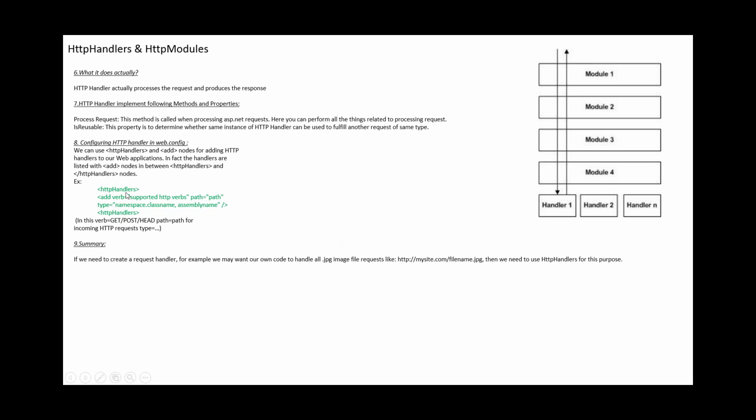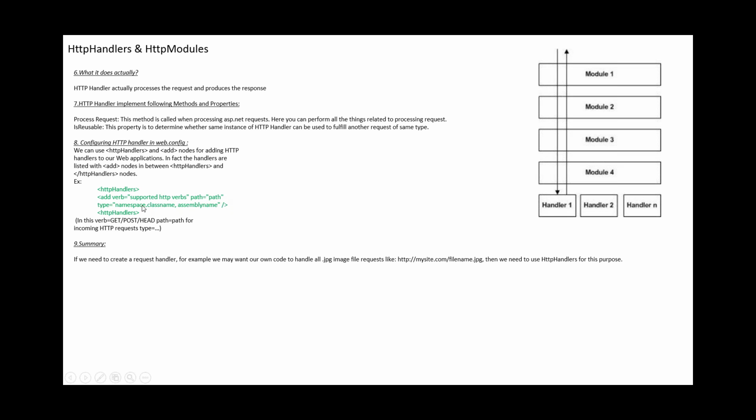You have the httpHandlers section, and add verb. Supported verbs means whatever request you are making, HTTP or FTP, whatever protocol you are using to your website; those verbs you can keep. Path means the file path where you have written the file.